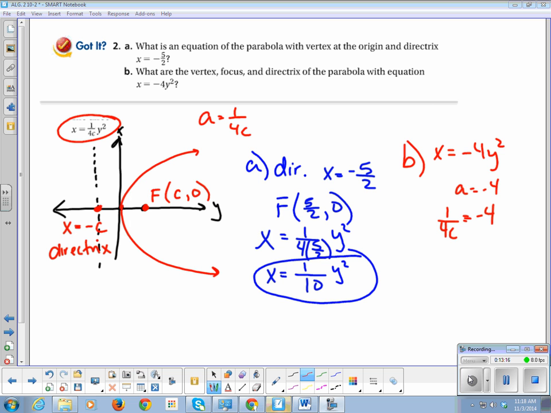So now we need to solve for c, and I'm just going to cross multiply again. So 1 times 1 is 1. 4c times negative 4 is negative 16c. Divide both sides by negative 16, and I get c is equal to negative 1/16.